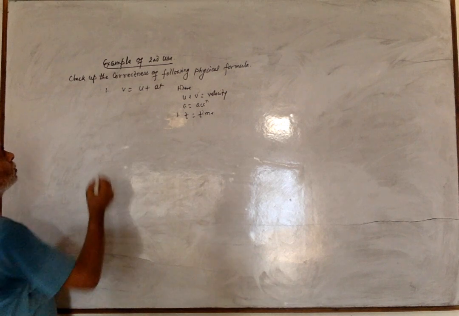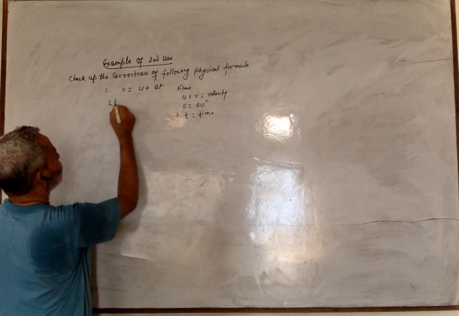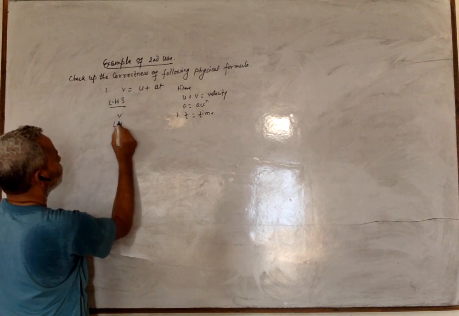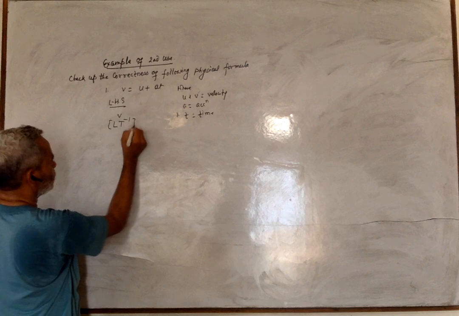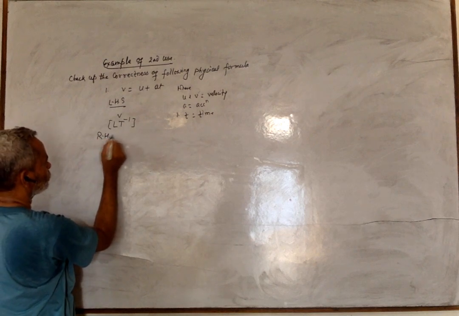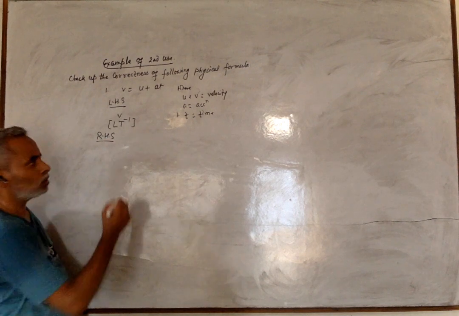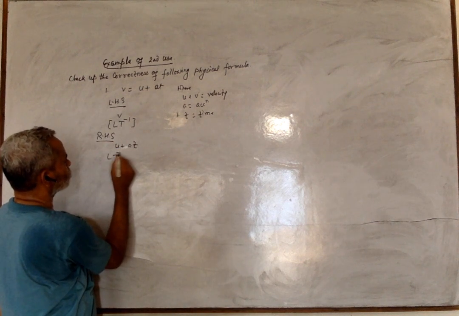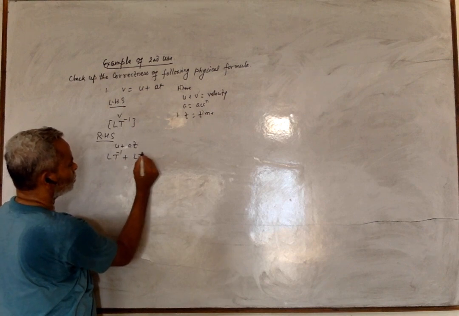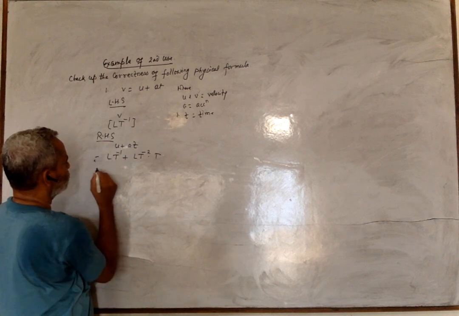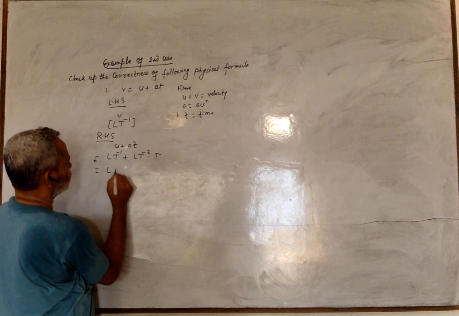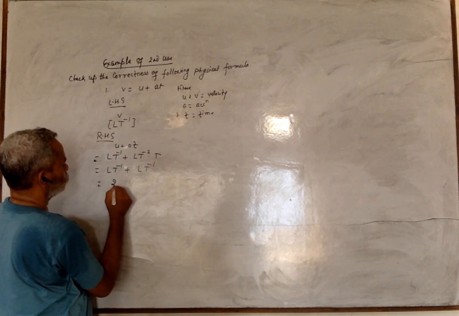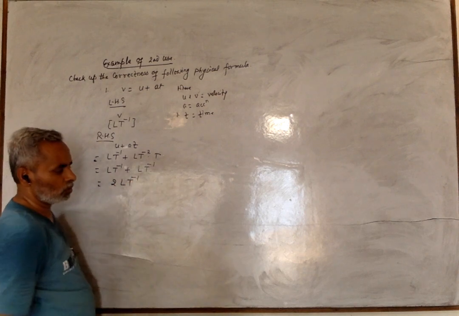We have to check the dimensions of the LHS and RHS. LHS, V: the dimension of V is LT minus 1. RHS, U plus AT: U is LT minus 1, A is LT minus 2, T is T. So LT minus 1 plus LT minus 1 gives 2 LT minus 1.